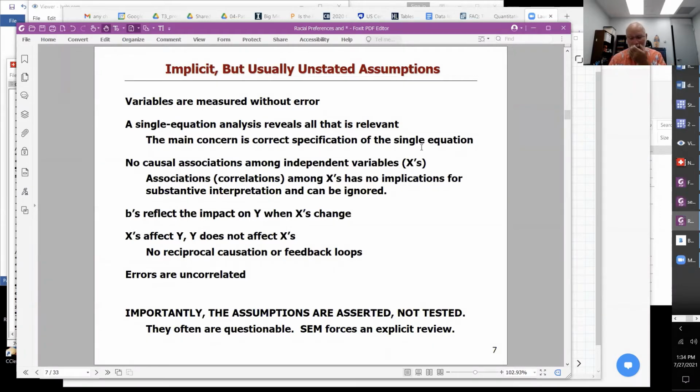That's just indefensible. That would show a tremendous lack of appreciation for how hard measurement is. But nevertheless, when we interpret the effects of coefficients and we think that that corresponds to the real world, that kind of interpretation requires that we assume the variables are measured without error.